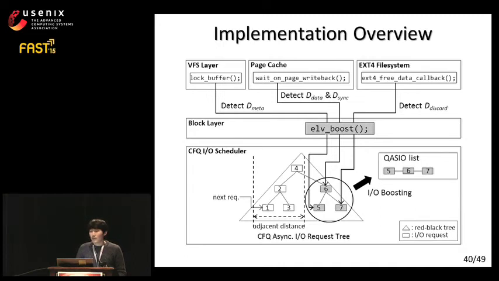And then the IO scheduler will search the IO involving the sector number. Actually, all the asynchronous IOs in Linux kernel are flushed out by kworker only. So the CFQ IO scheduler gathers all the asynchronous IOs into a single internal queue. In that queue, all the IOs are managed in the red black tree data structure. So we traverse the red black tree and look for the IO request, which includes the received sector number.